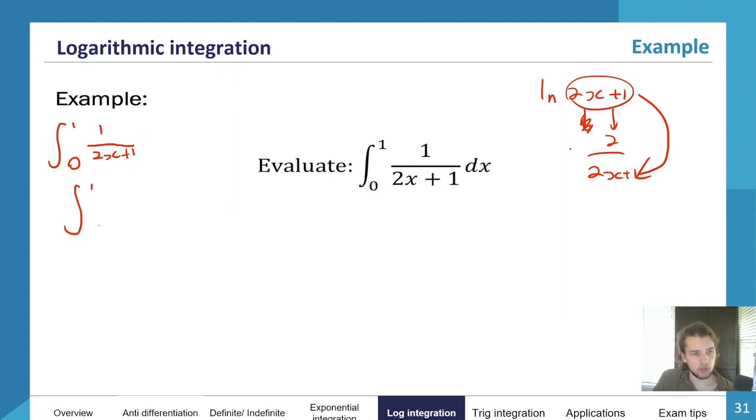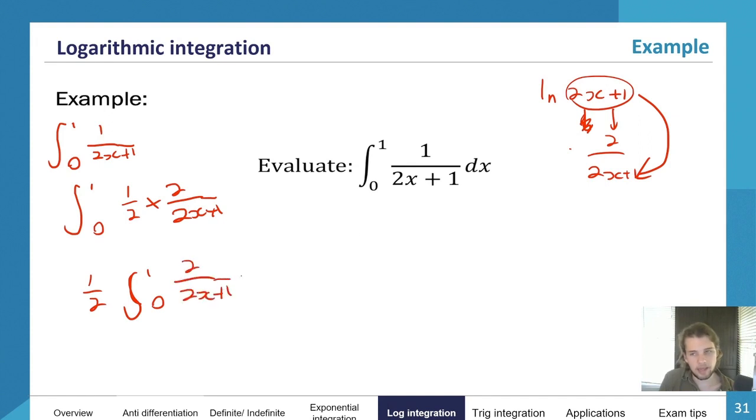So we could assume we must have a constant value of 1 over 2 getting multiplied by this 2x plus 1. So we can take our 1 over 2 out the front. Now we're looking like we're in the right form. So we can utilize this logarithm that we hypothesized would be related.